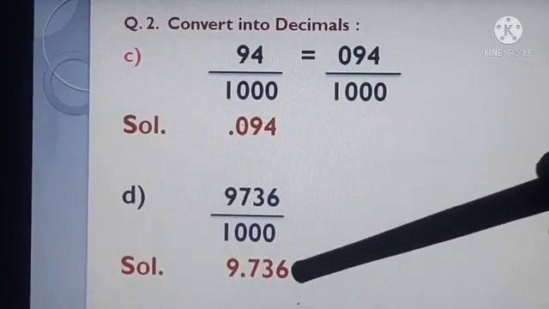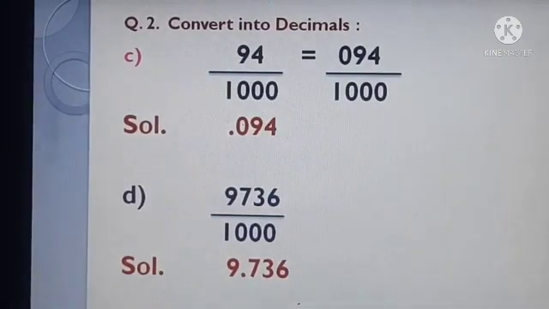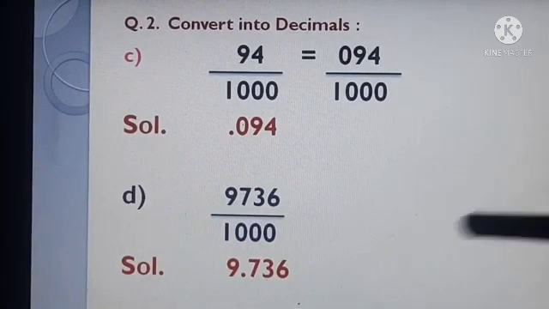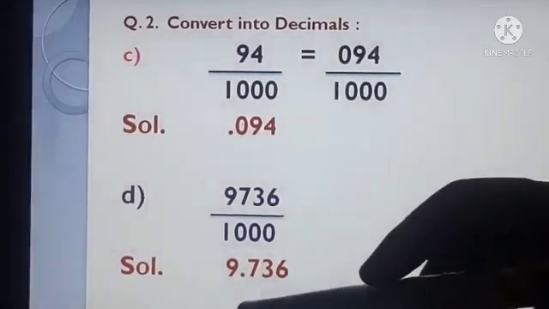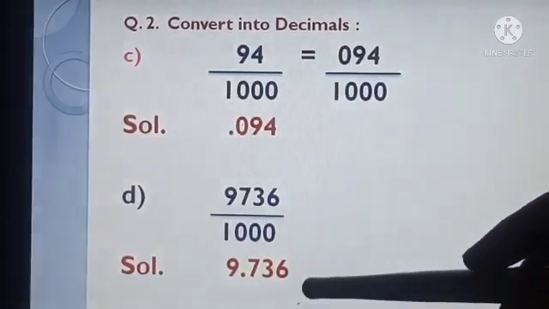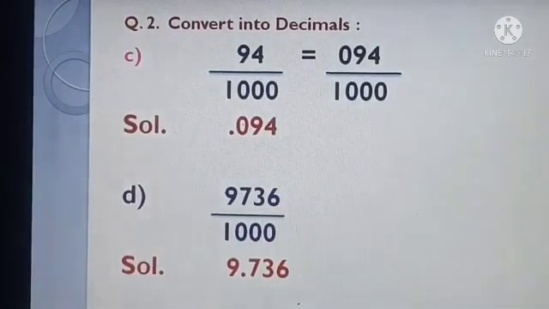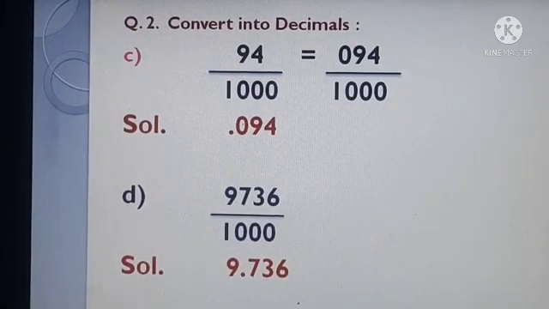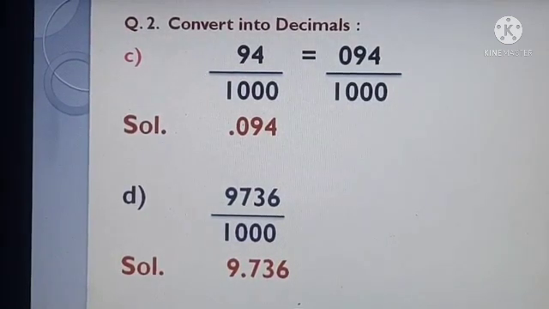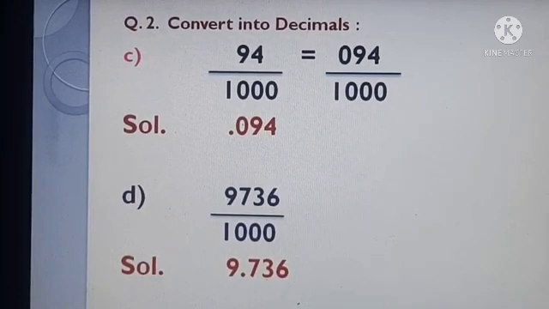So it will become 9.736. Reading will be done the way I am doing, 9.736. After the decimal you have to read single digits. These were the conversion sums from your exercise 1B.